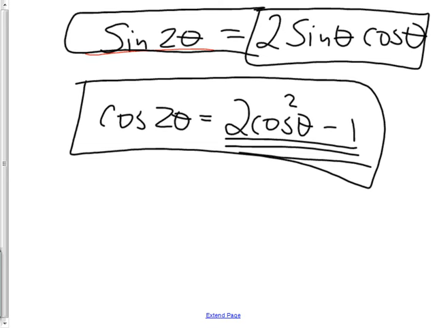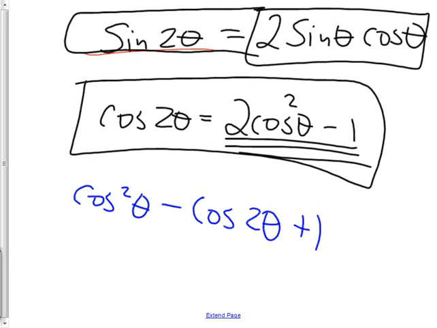Why would that ever help? I'll give you a problem where it would. So for instance, let's say you had cosine squared theta minus cosine of 2 theta plus 1. Let's say that was the problem in blue. What's the hint that something's weird about this one?